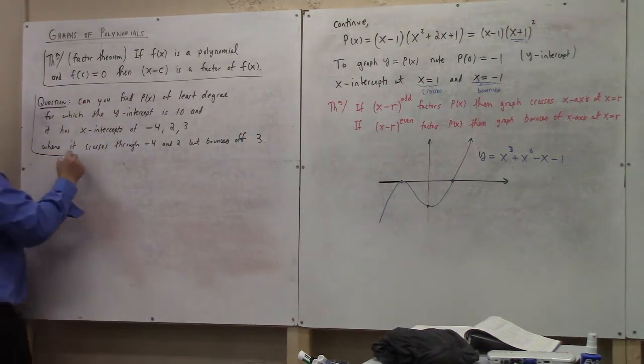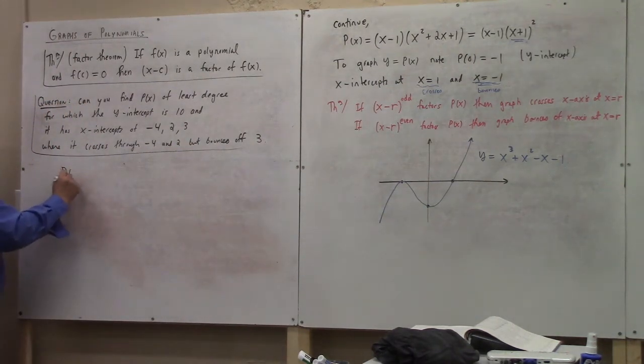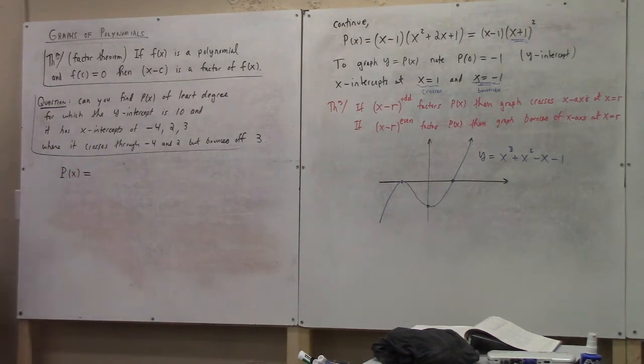So can you guys tell me what's the formula? First of all, ignore the y-intercept to start with. All right, we're going to ignore that. How can we get it to cross at -4? What do we need as a factor? We're going to use the factor theorem to build this example. What's that? Yeah, odd power.